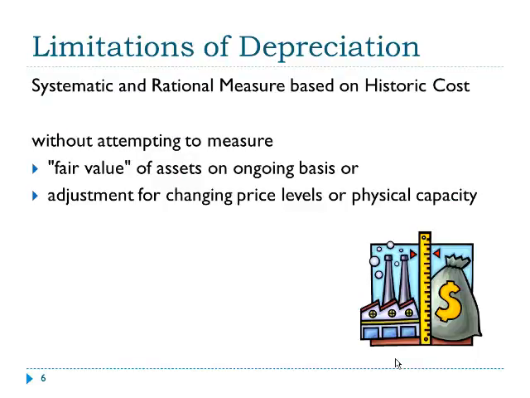Depreciation is the systematic and rational measure based on historical cost. It does not attempt to measure the fair value of the assets on an ongoing basis, and it does not attempt to adjust for changing price levels or changes in physical capacity.